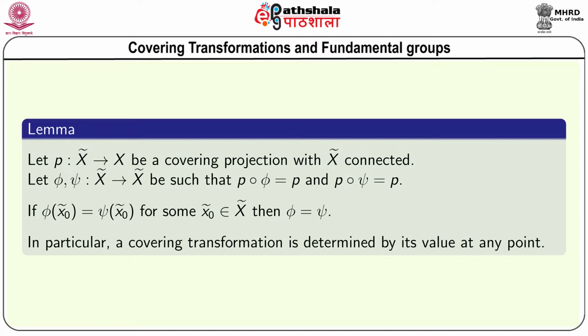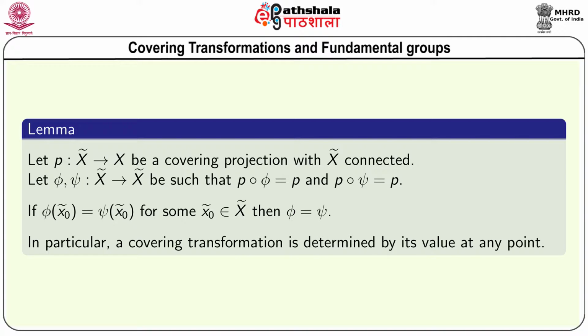Let P be a covering projection from X tilde to X, where X tilde is a connected space, and let phi, psi be two functions from X tilde to X tilde such that P compose phi is equal to P and P compose psi is equal to P. If it is known that phi of x0 tilde is equal to psi of x0 tilde for some x0 tilde belonging to X tilde, then phi and psi will agree at every point of X tilde.